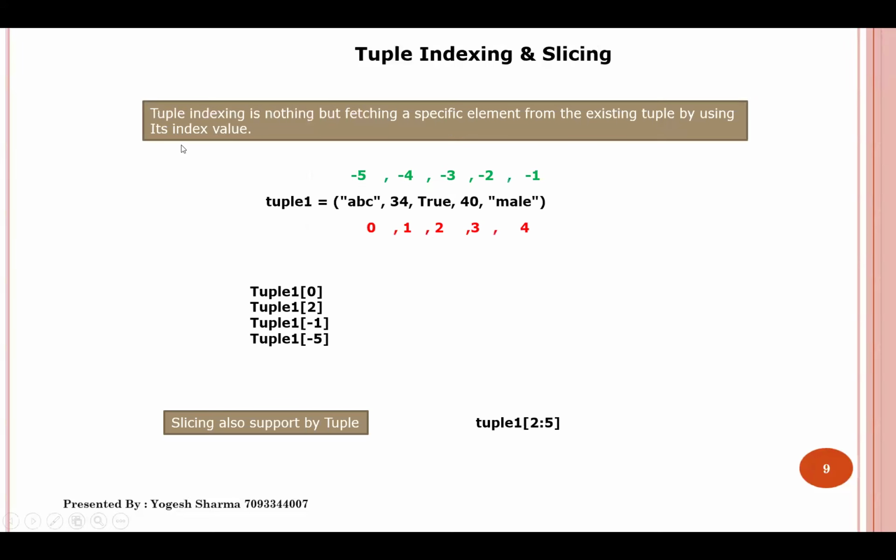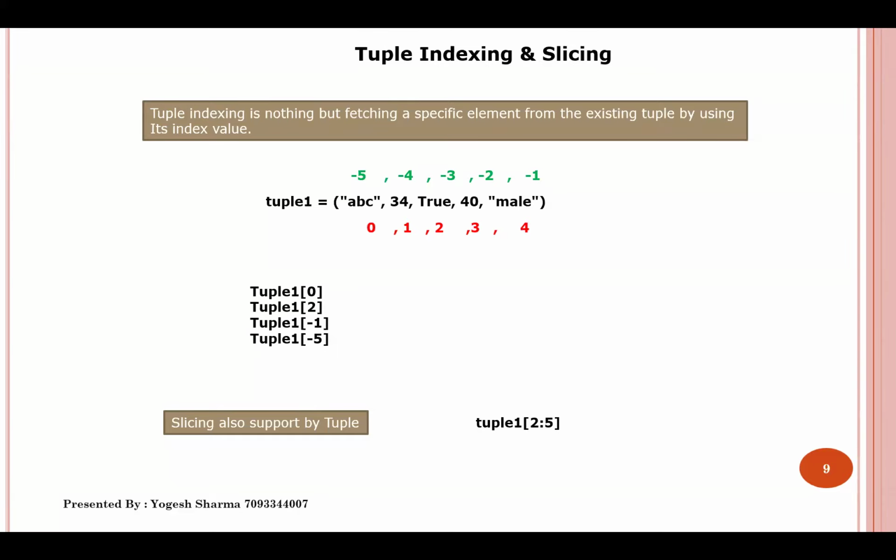Now after that, tuple indexing. As you already know, slowly when you practice on all the data types, most of the things are the same as the previous data type. Tuple indexing is nothing but fetching a specific element from the existing tuple by using the index number. This is exactly the same thing we have done in the list.